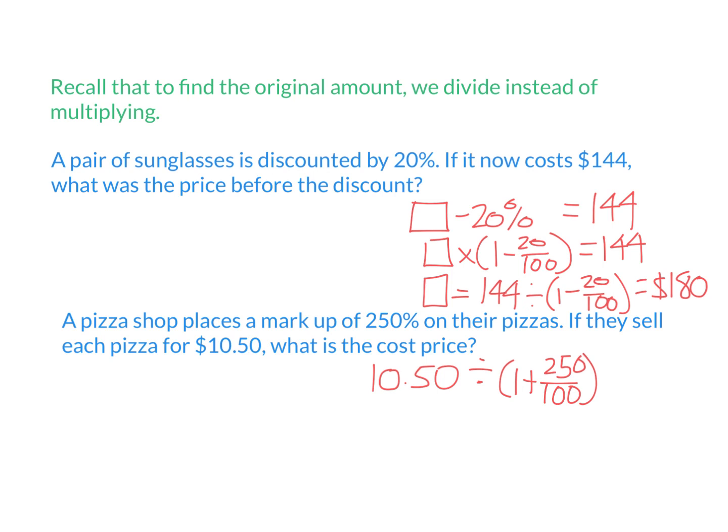What was the original number? When I increased it by 250%, I got this final answer of $10.50. That's why we're dividing, because we're finding the original amount. So you can put it in your calculator exactly as you see it there, and you get $3.50. So that means that each pizza cost them $3.50 to make. Then they placed a 250% markup on them and sold for $10.50. If you increase $3.50 by 250%, you end up with $10.50.